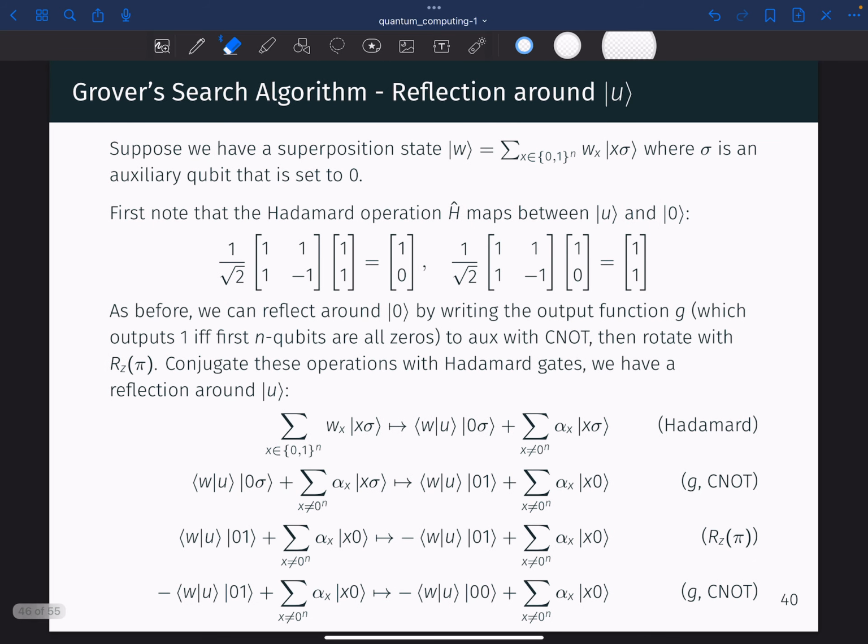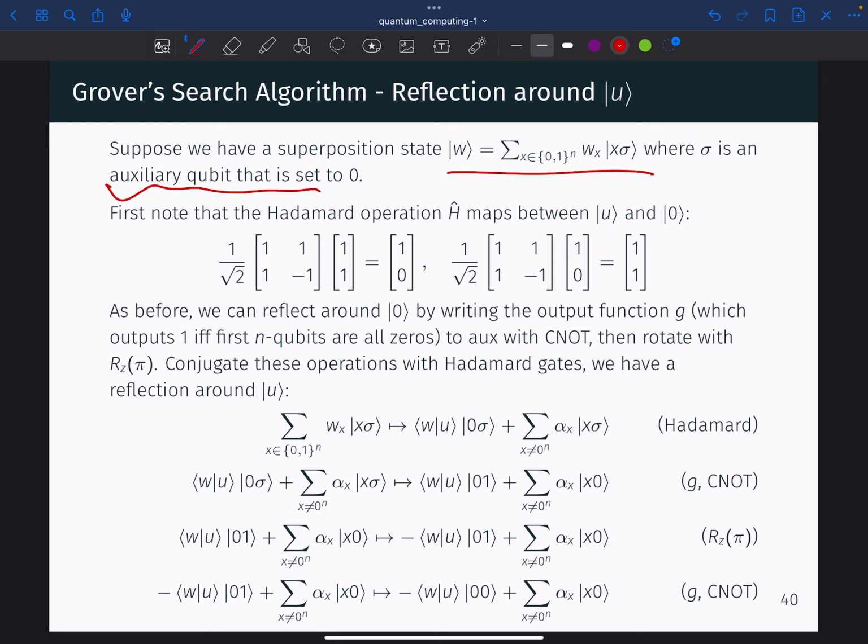Now let's talk about the second subroutine, which is the reflection around U. After this, we will show how to combine these two steps together to do the Grover search. Suppose, as before, we're working with the superposition state W, where the auxiliary bit is already cleared.